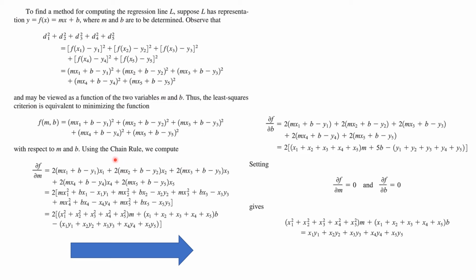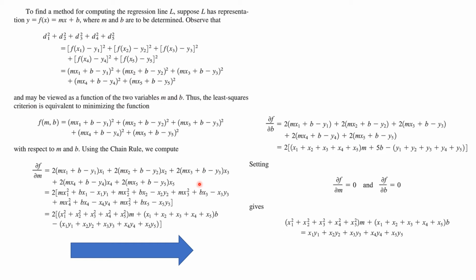And if we use the chain rule and we take the derivatives using the chain rule, we'll have the partial with respect to m is this. Now notice this time through, when we take the partial with respect to m in the chain rule, we're going to get x2, x3, x4, and x5 popping out, not the numbers necessarily that we had before.